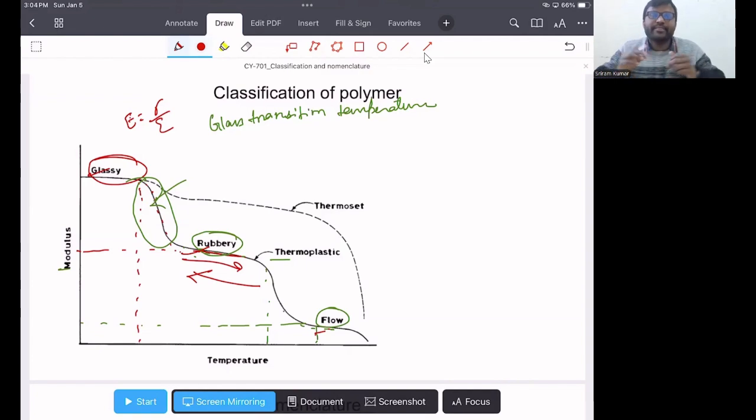But in the case of the thermoset polymers, we have a different observation.